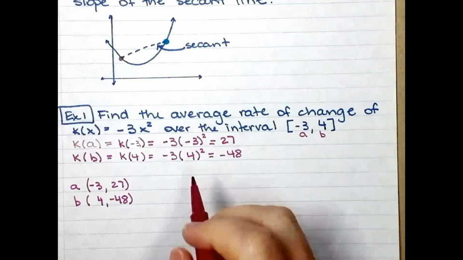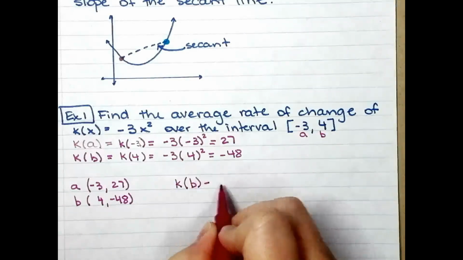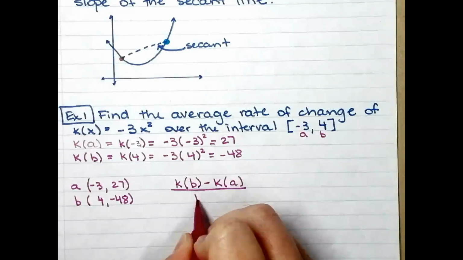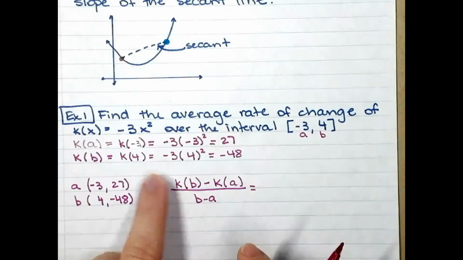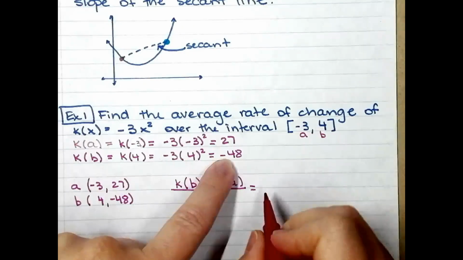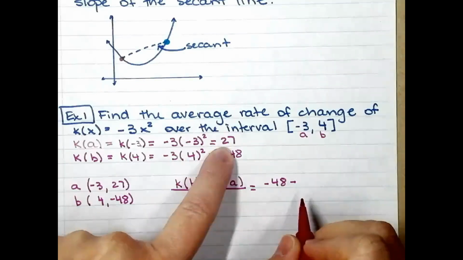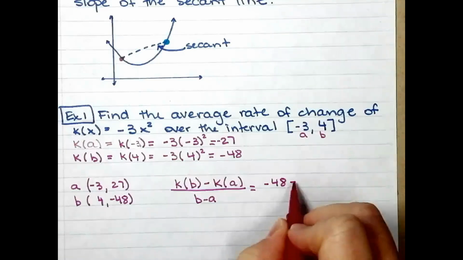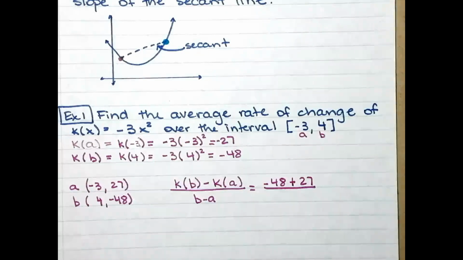Now in the formula, I have k of b minus k of a, everything over b minus a. k of b right there, -48, minus k of a. k of a is -27, should have been -27. Golly, I need to get my head in the game today.